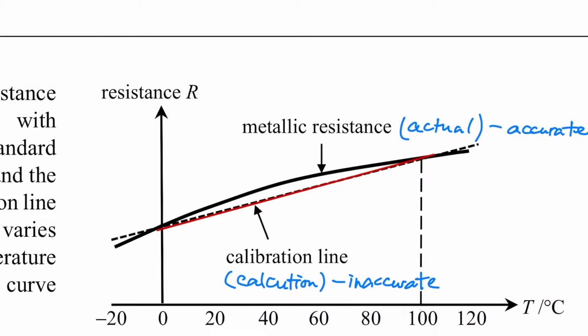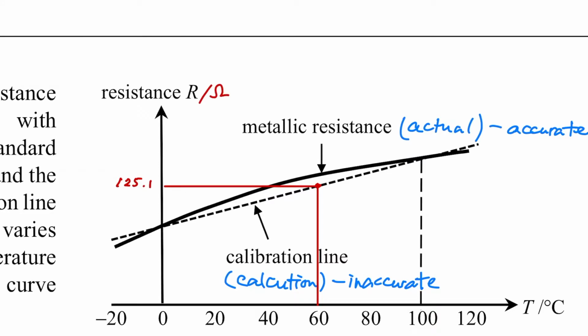Okay, so this means that we thought that at 60 degree Celsius, when we come up from here, we look at the calibration curve. We think that the resistance will be this much. So we read the resistance and we find it to be 125.1 ohm.